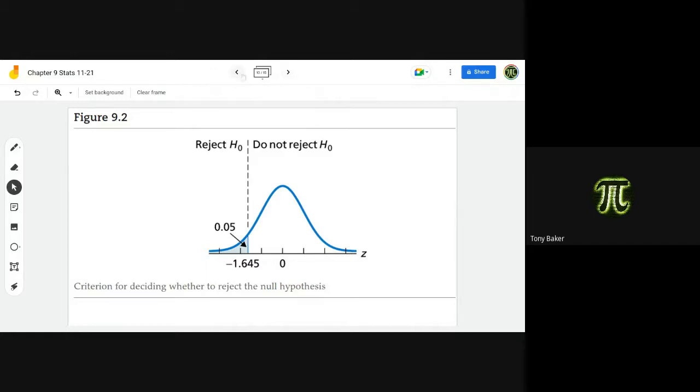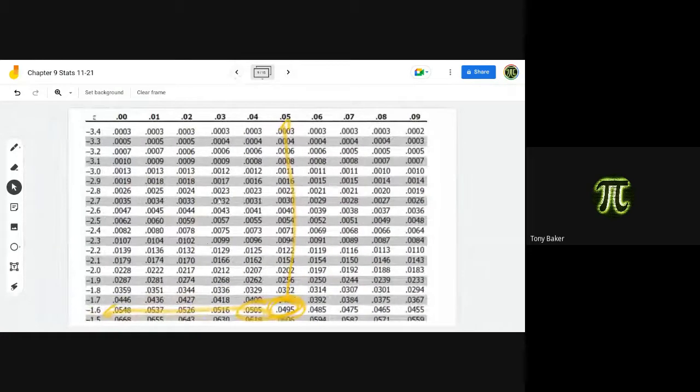So if we went back to my z table here, and we got, what was it, negative 2.65, right? So let's look at negative 2.65. It's right there. So it's 0.0040, right? Is 0.0040 less than 0.05 or greater than 0.05?